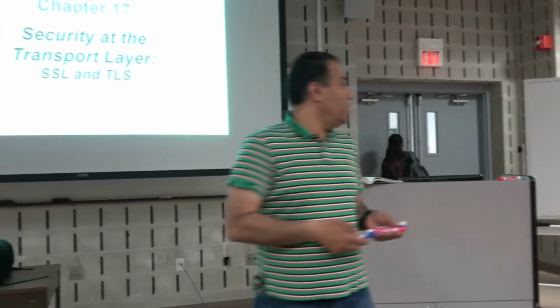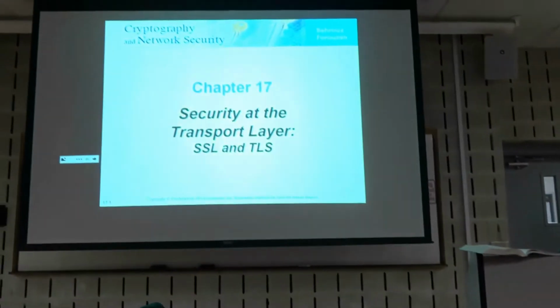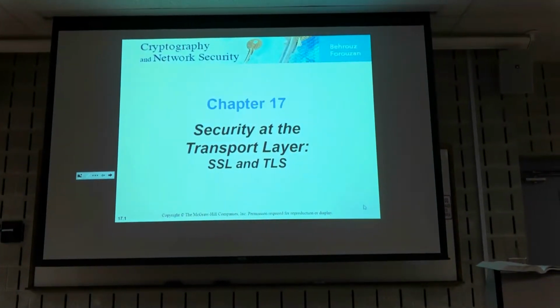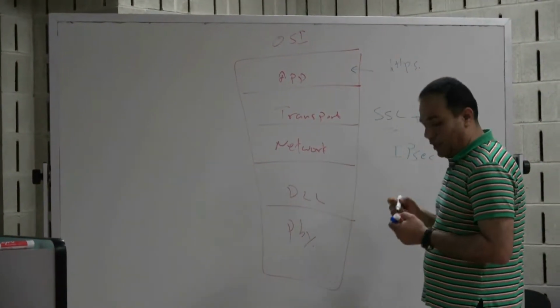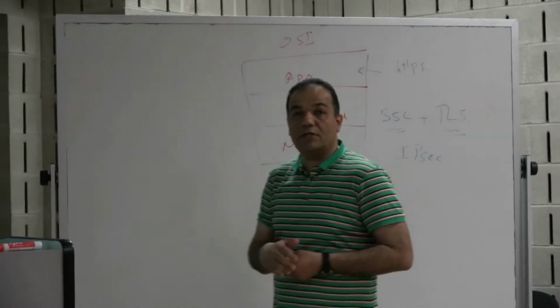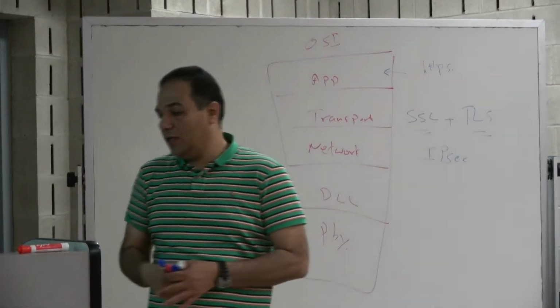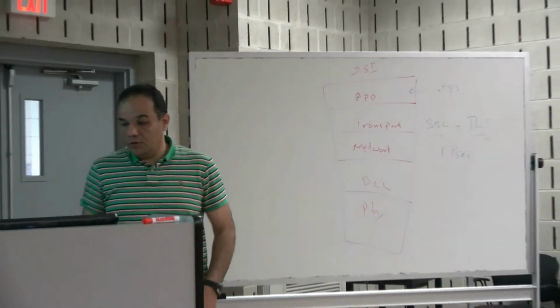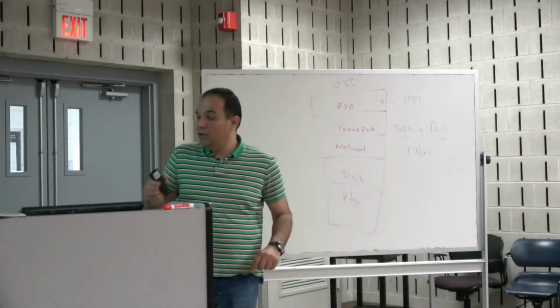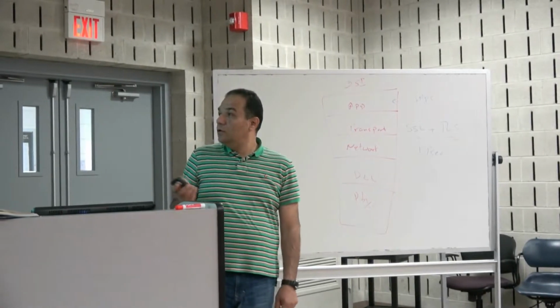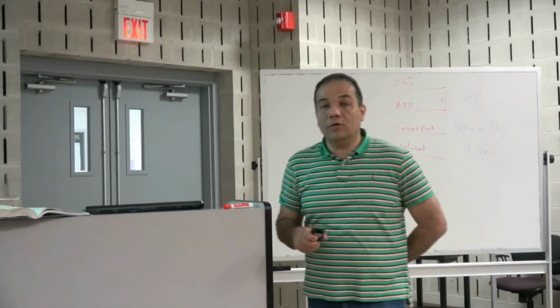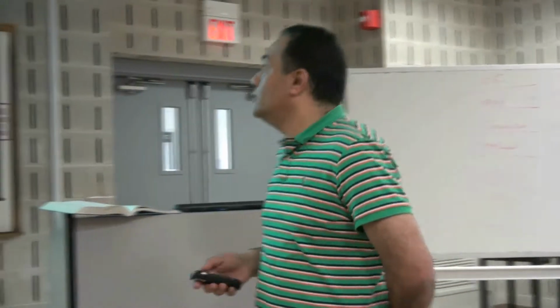Then next lecture, we'll talk about security at the network layer, so IPsec. So you could have security on the three layers. That's the focus of today's lecture, security at the transport layer. We'll see how it is applied and all of that.